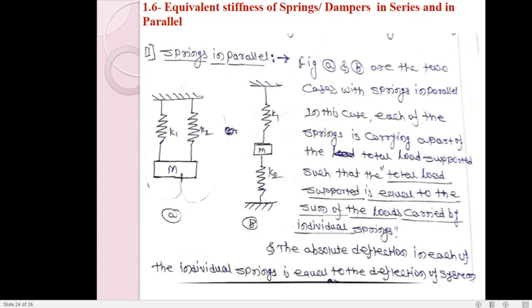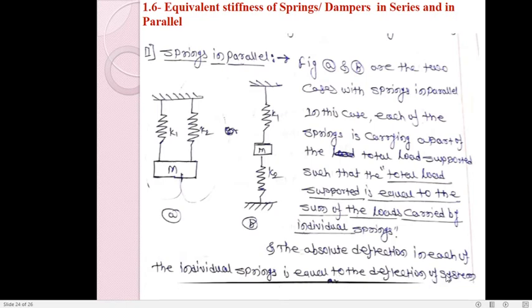Okay, so that's why we can write that the total load supported is equal to the sum of the loads carried by individual springs. We can also write this statement this way: the total force is equal to the sum of the forces carried by individual springs, and the absolute deflection in each individual spring is equal to the deflection of the system.